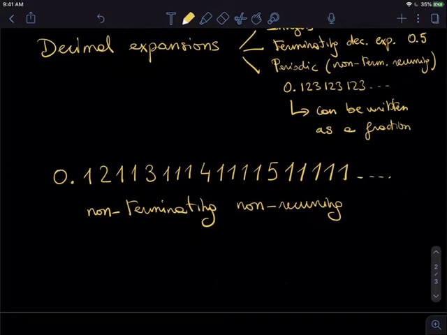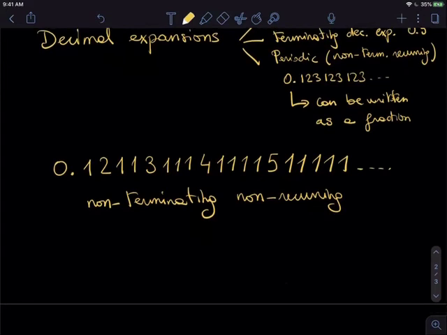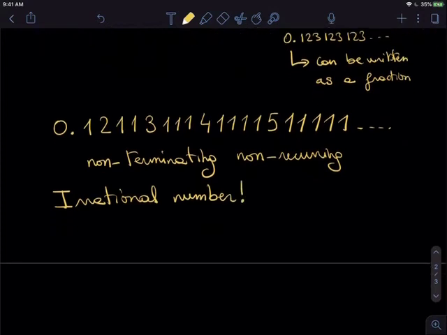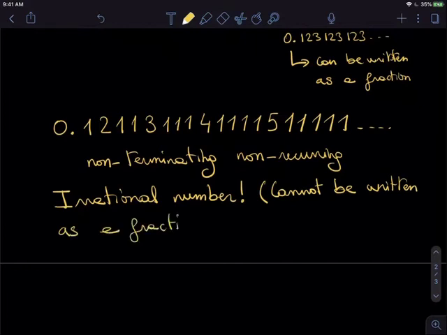So this is a different type of number. This is what we call an irrational number. This cannot be written as a fraction.